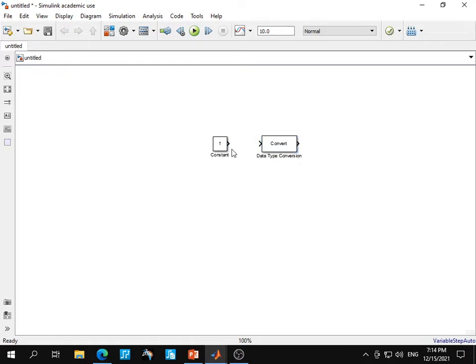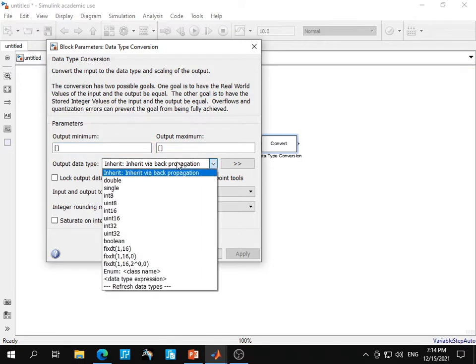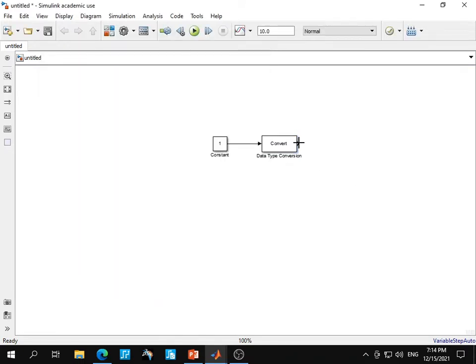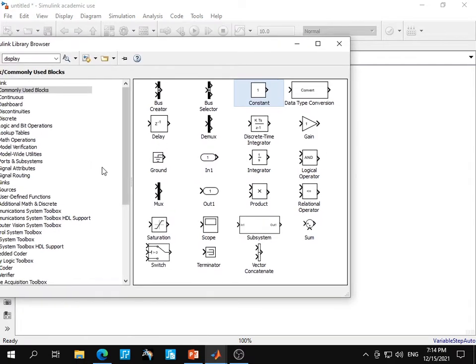So what it does, you can see if you double click on it, you have a list to choose from. Output data type. So let me get a display out here.